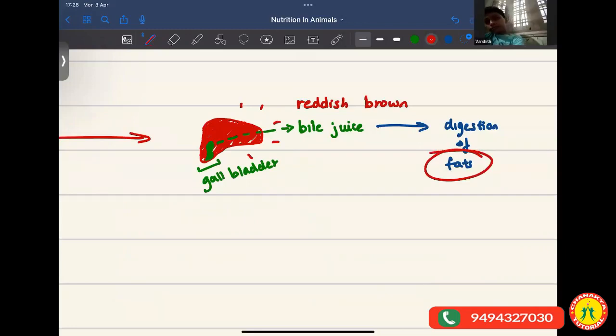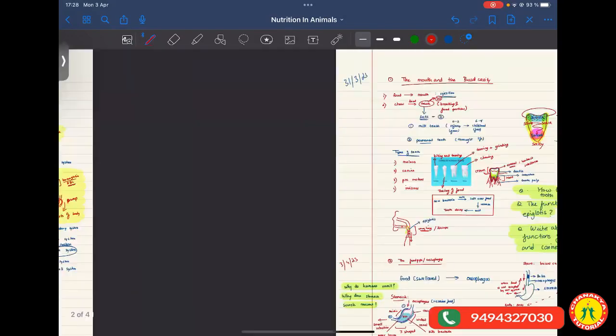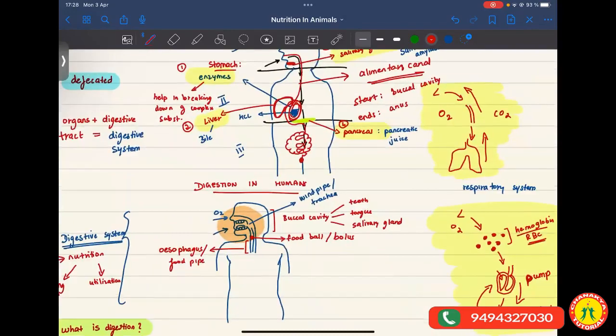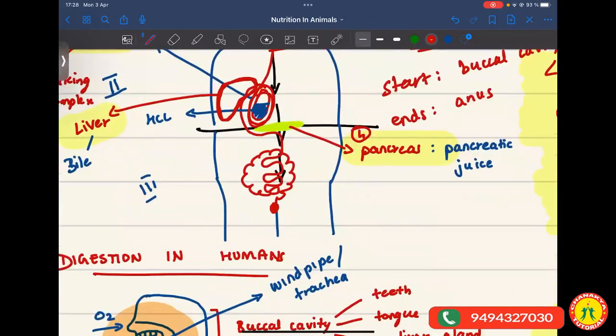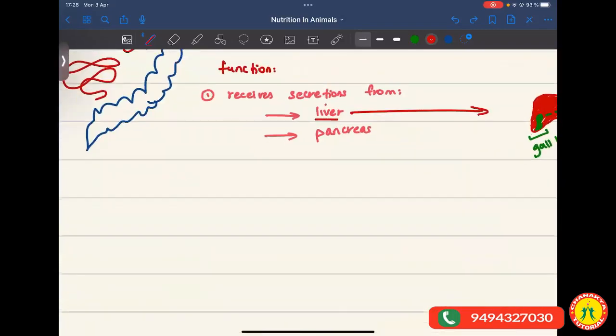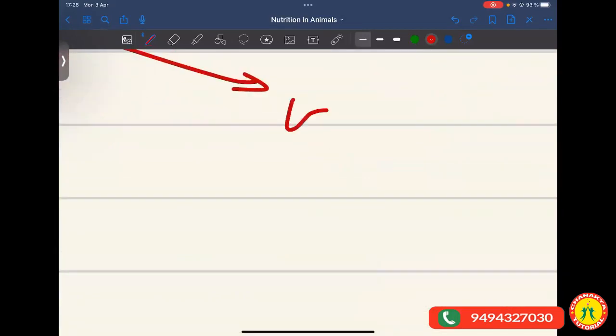Yes, ma'am. Okay. So again, our next thing, the pancreas. The pancreas is another organ that is present over here. It is in the lower abdomen basically. So now coming to the pancreas. The pancreas looks something like this.